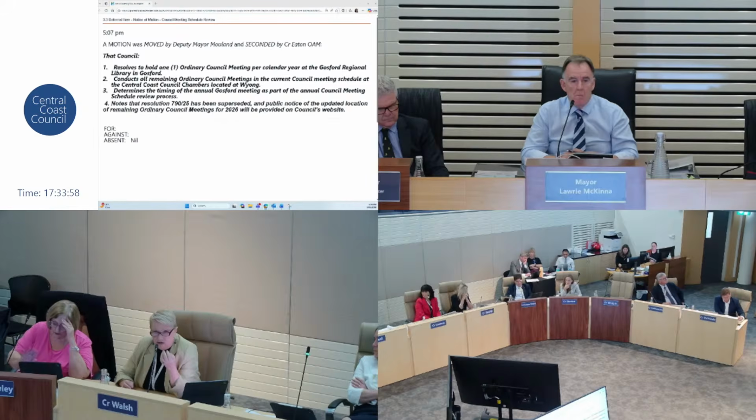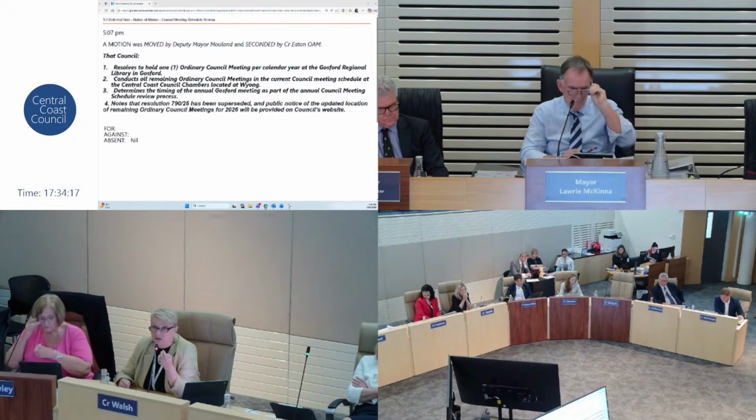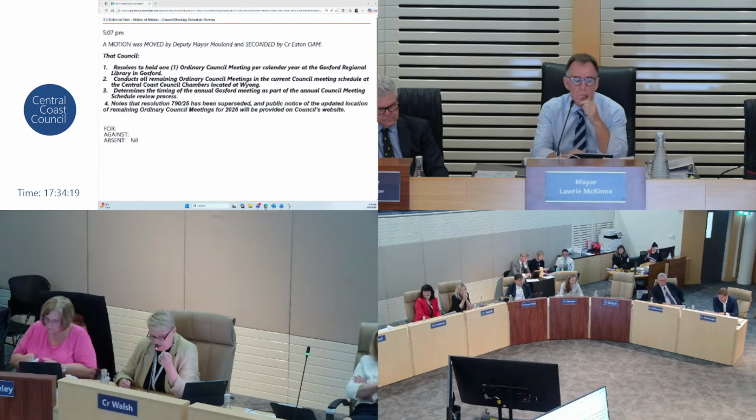Obviously, democracy costs money, accountability costs money, representation costs money, and this is a really small amount of money to support our residents of the South to be able to access the democratic process, or what is supposed to be a democratic process, happening here on the Central Coast.